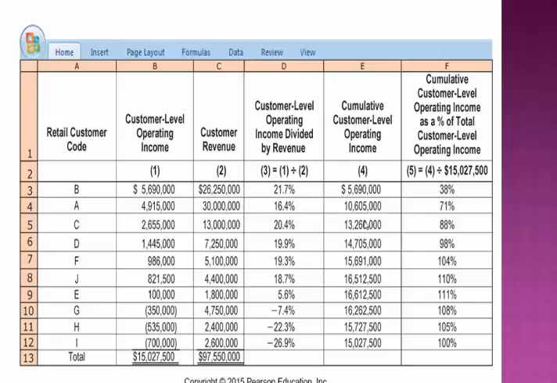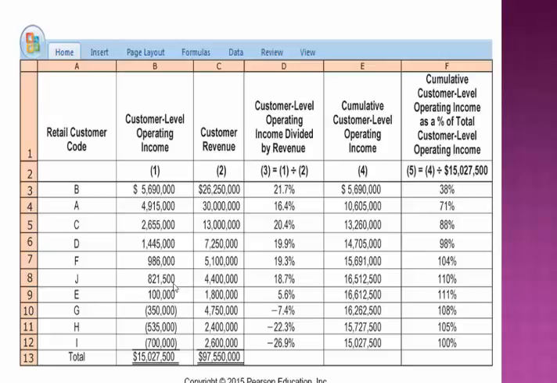We can then take 13,260, add the next customer, 1.445, to give us 14,705. 14,705 as a percentage of our total operating income for the year gives us 98%. And we could continue doing this, alright? Going and moving and filling in the blocks.